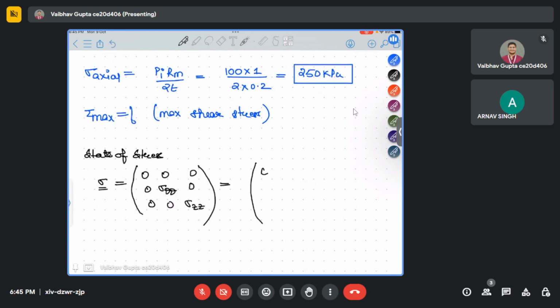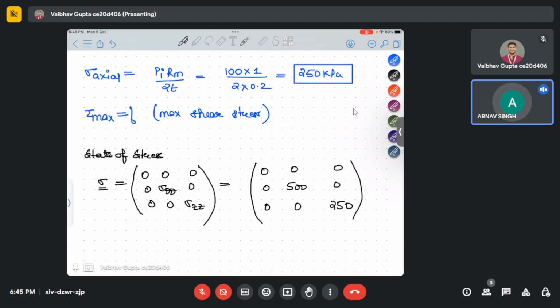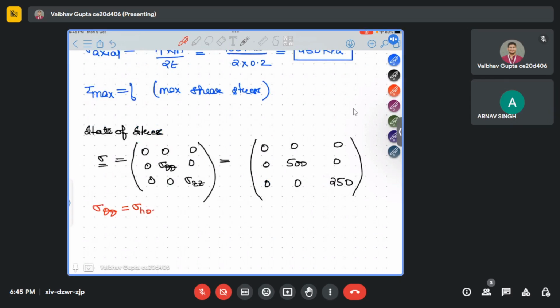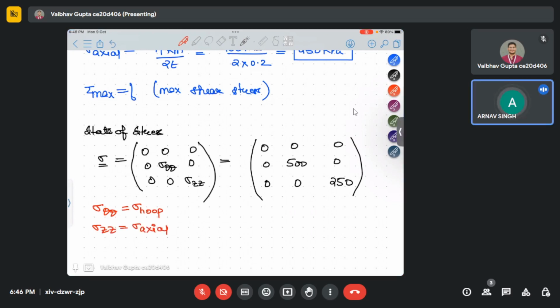What is sigma theta theta? 500, and 250. Sigma hoop is equal to sigma theta theta, which is the hoop stress. Sigma zz is equal to sigma axial.